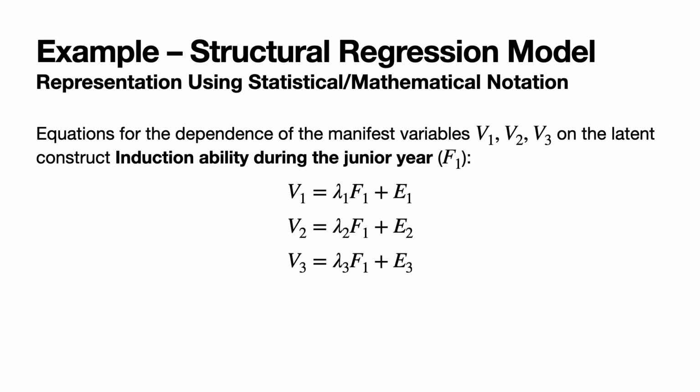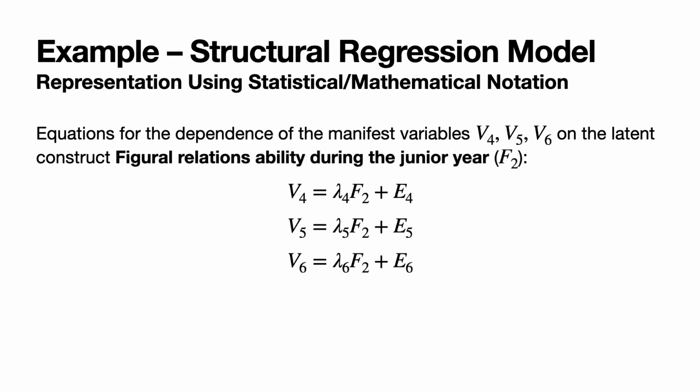V1 is equal to lambda 1 times F1 plus E1. V2 is equal to lambda 2 times F1 plus E2. V3 is equal to lambda 3 times F1 plus E3, where E1, E2, and E3 are error terms.